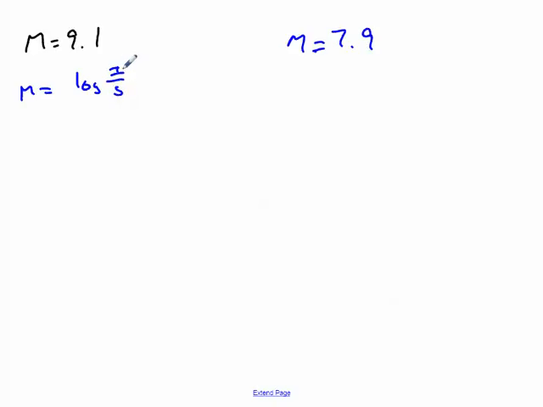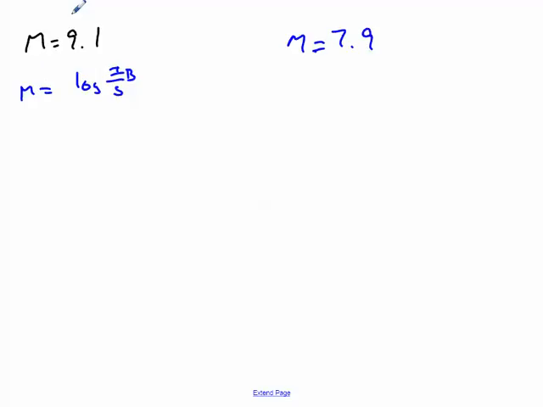We need to find out what that intensity is and compare the intensity of the big one to the smaller one. So we're going to redefine all of this magnitude information in terms of intensity, and then compare the intensities.